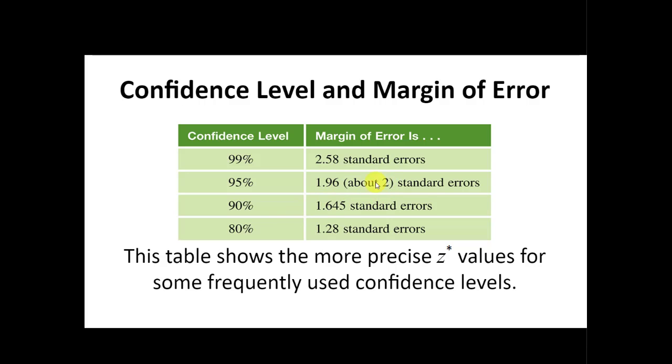However, 2 is just a rounded off number. It really is 1.96 with a bunch of numbers after it. We're going to use this multiplier, and these are called multipliers, times our standard error to find the margin of error. And then if we add that margin of error to our sample proportion, we can find the upper bound. If we subtract it, we can find the lower bound.